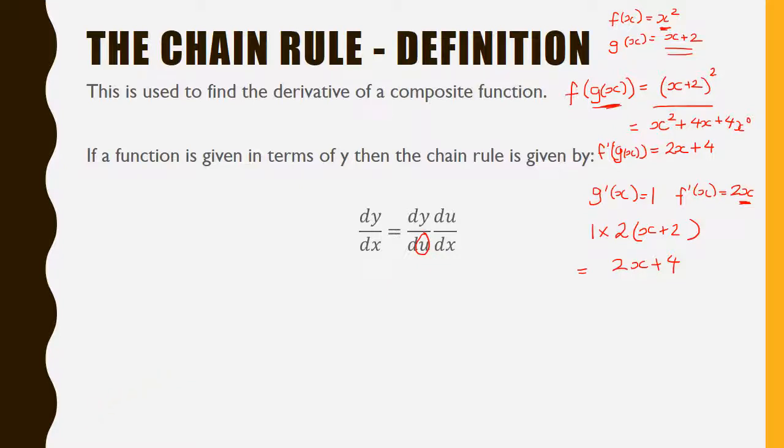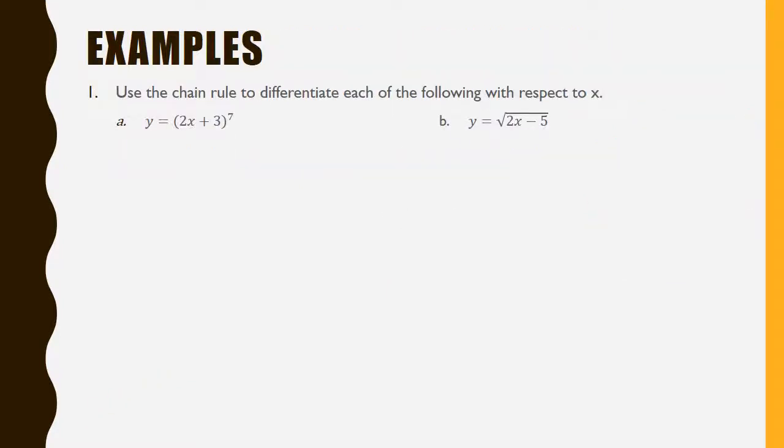So let's start looking at some examples. If we are differentiating our first function here, now remember our function is to find dy/dx. We differentiate y with respect to u and then u with respect to x, and we multiply those two things. What we need to do first is to determine for our composite functions what the inside function is. So if this is a composite function, the inside function would be u equals 2x plus 3.